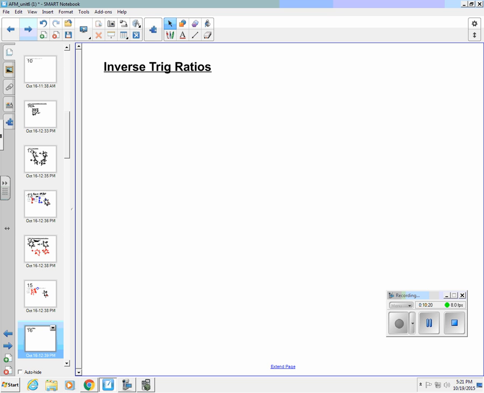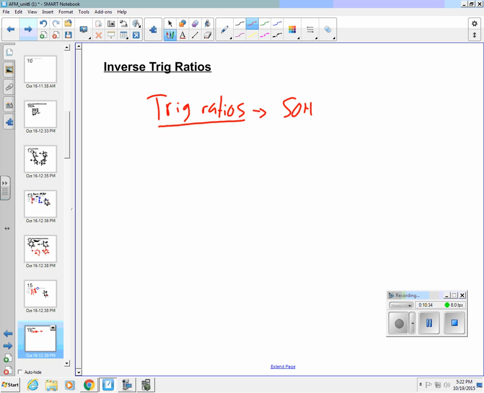So that's all for special right triangles. What we're going to do now is talk about inverse trig ratios. So our regular trig ratios, sine, cosine, tangent, our SOHCAHTOA that we talked about yesterday in class, those are the ratio between side lengths.